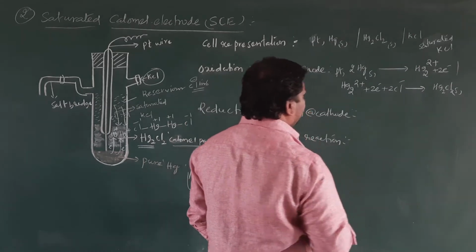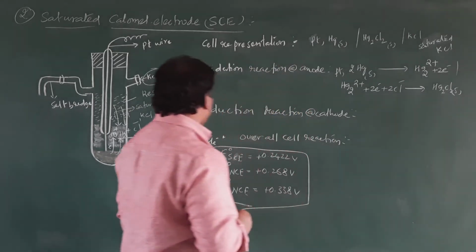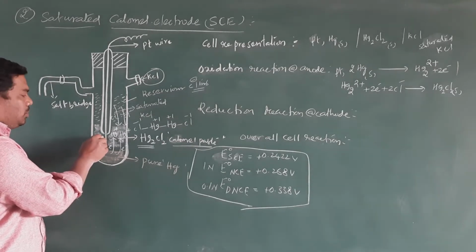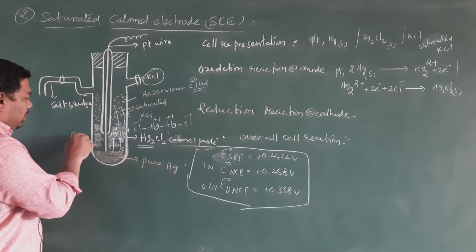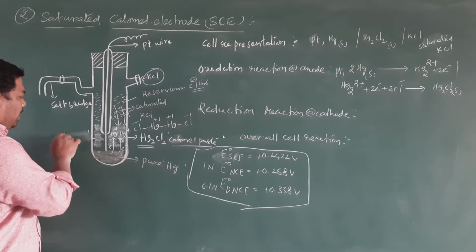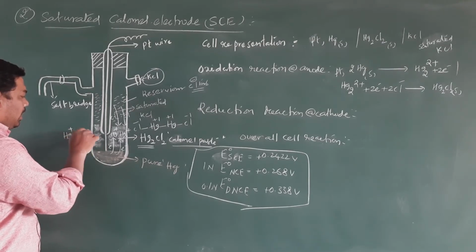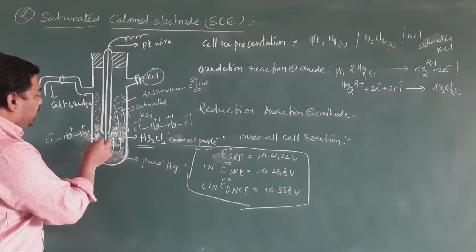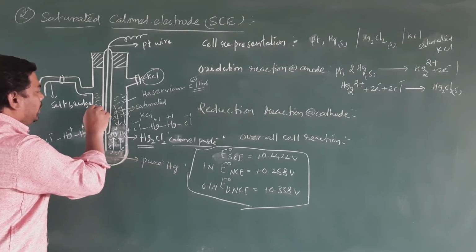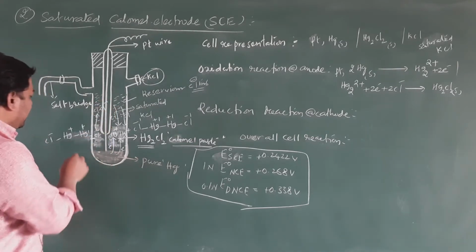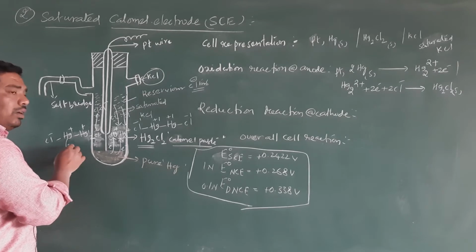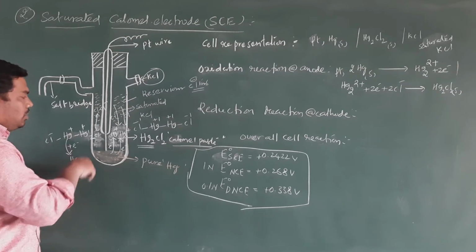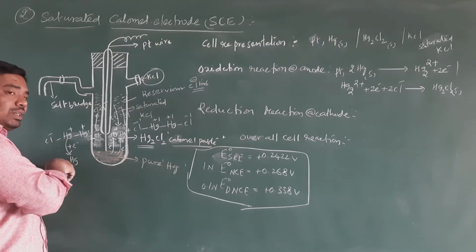In this reduction reaction, you can see what happens: Hg2Cl2, that is mercurous chloride, gives chloride ions, Cl minus, and Hg plus gains the electron and is converted into mercury.